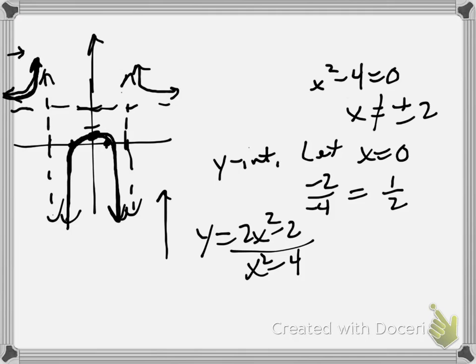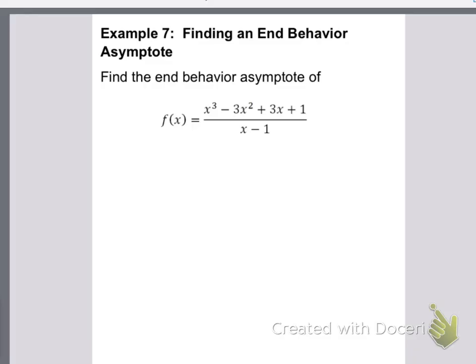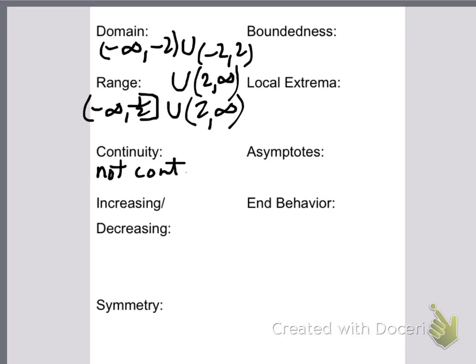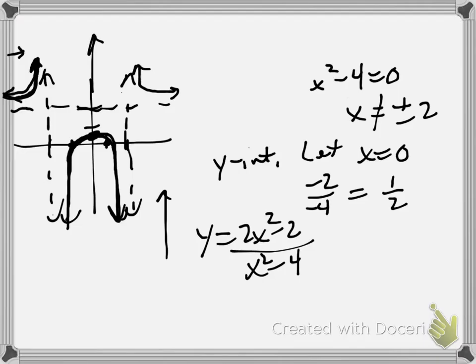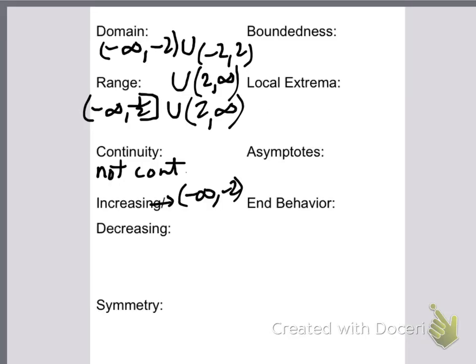That's from negative infinity to negative 2. So, increasing: negative infinity to negative 2. Is it increasing anywhere else? Well, it's increasing in the parabola, all the way up to the y-intercept. So it's increasing from negative 2 to 0.